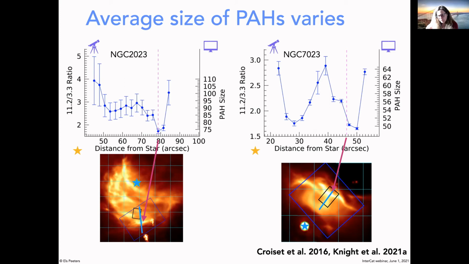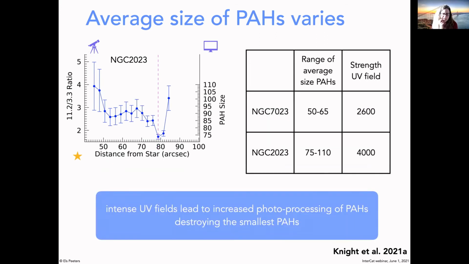And so that's where we also have this local peak. So the image there is a little bit complicated because of the presence of this circle. Nevertheless, we have variation with distance from the star. The smallest PAH size is seen on the PDR front.